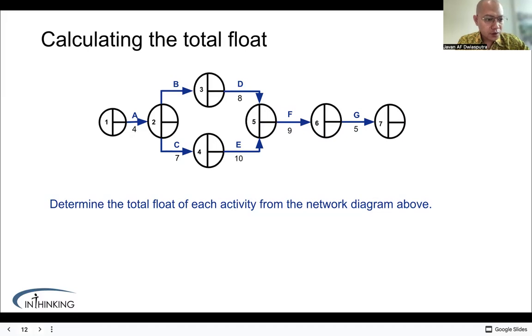Here we calculate the total float for each activity, as we can see. Activities on the critical path have zero float, while non-critical activities like B and D have some spare time. For example, B has a total float of 3 days.